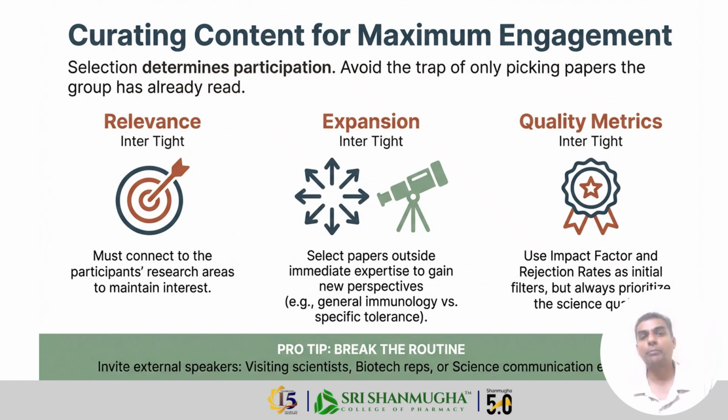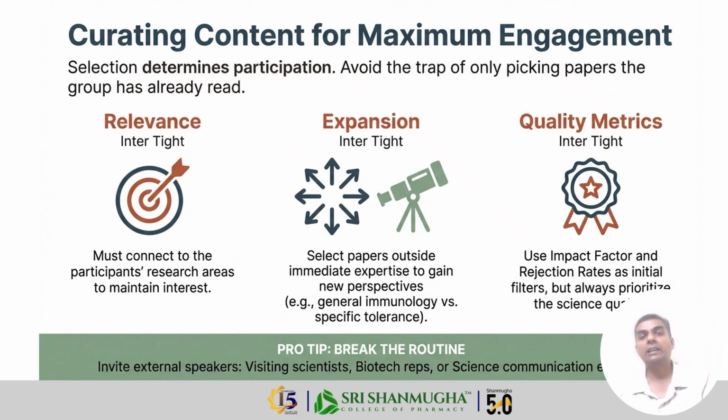The choice of paper determines the quality of discussion, so keep that in mind. Papers should be relevant to the group's interests, but they should also encourage learning beyond familiar territory. You want to avoid selecting papers only because they are from high impact journals.